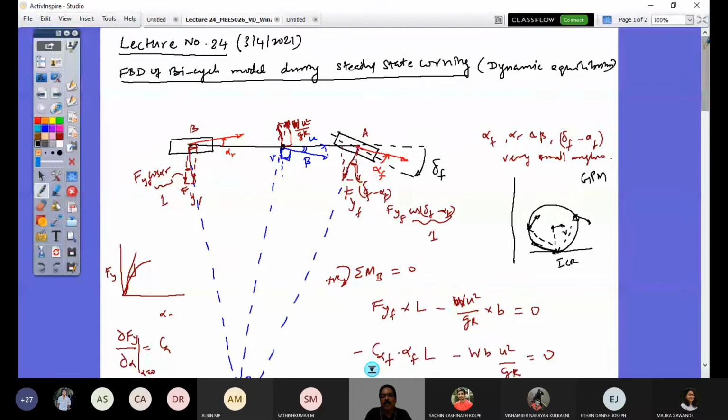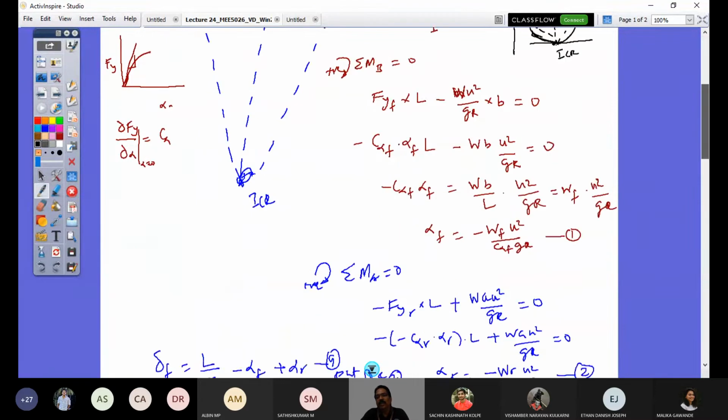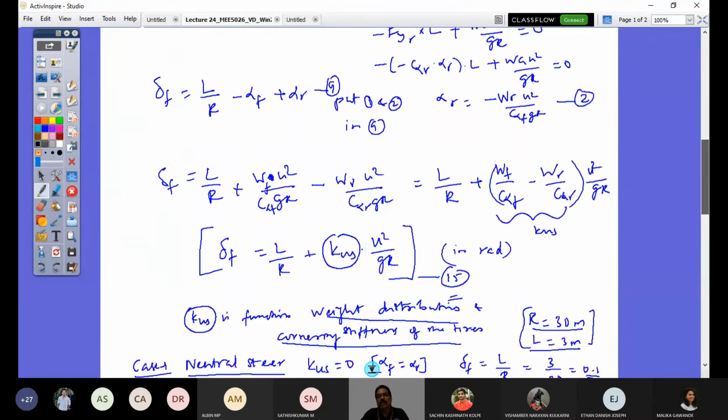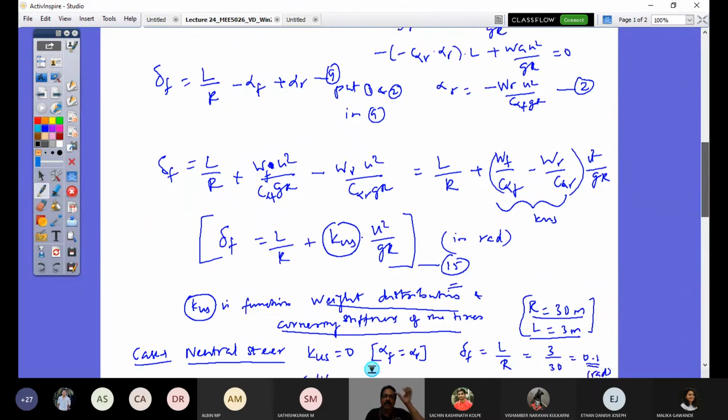And for a particular forward velocity U and a given steering, the front and rear axle tires develop slip angles alpha F and alpha R. Essentially, the governing equation for steady state behavior is given by equation number 15.